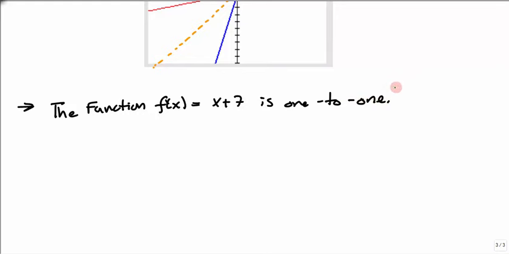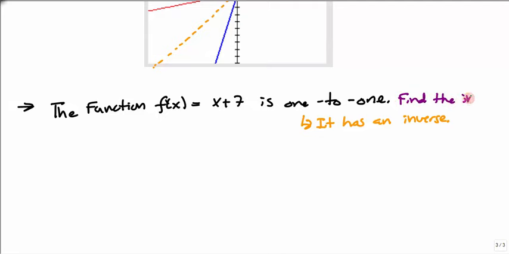And basically that means it has an inverse. So if a function is 1 to 1 and it has an inverse, they want us to find the inverse.